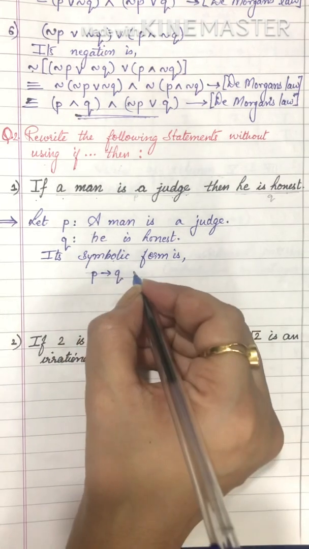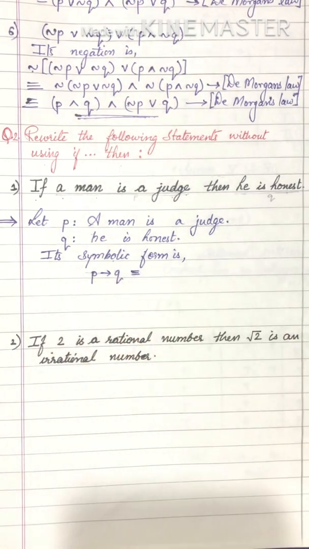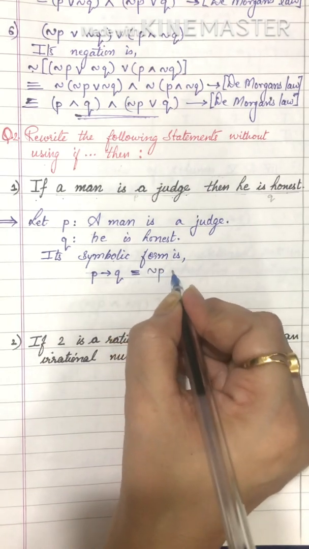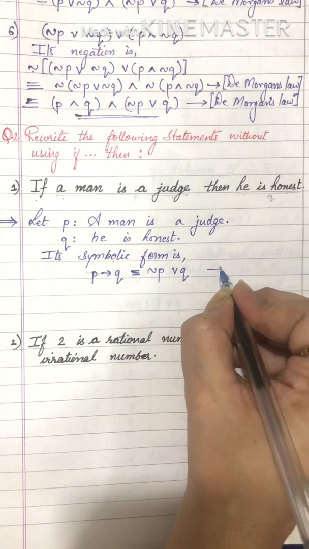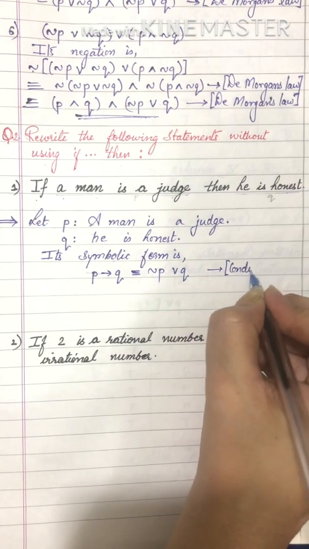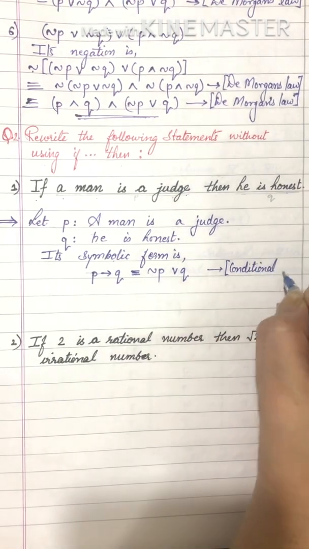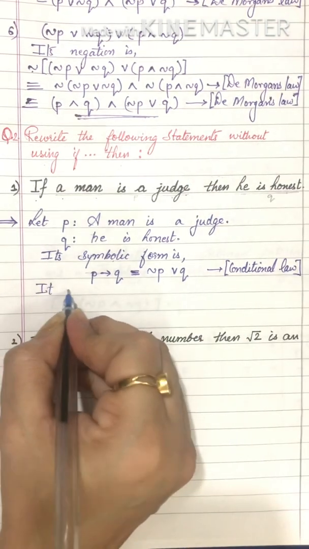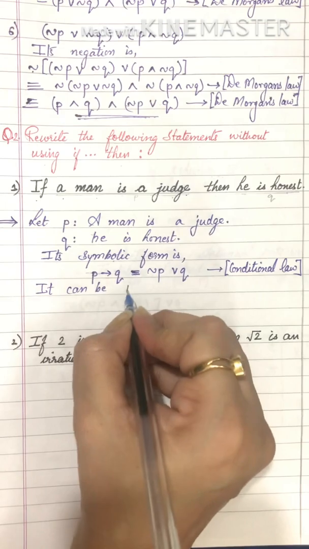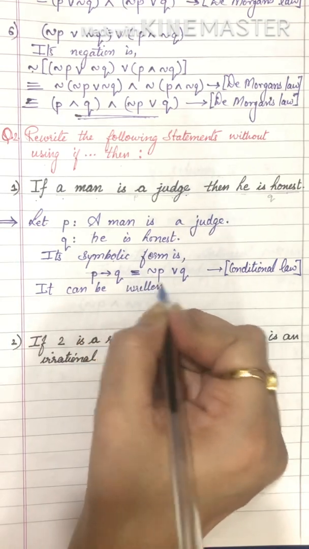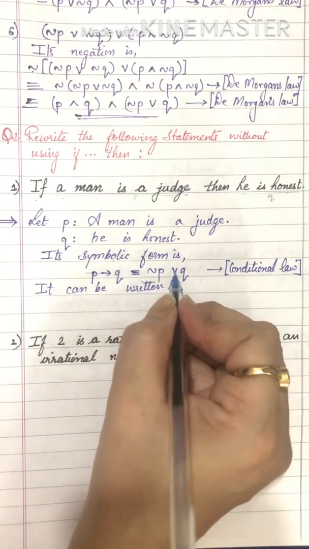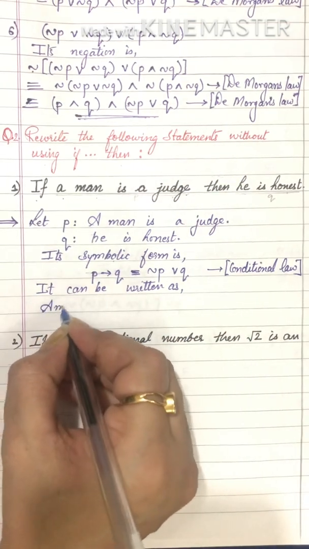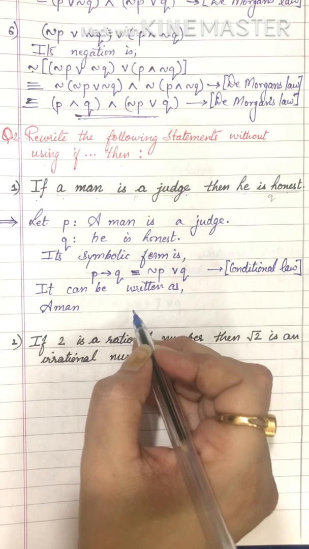Now let's solve it by using laws. So from that I will take the conditional law. I will get here negation P or Q, and I write here conditional law. Okay, and then this symbolic statement can be written further in words.